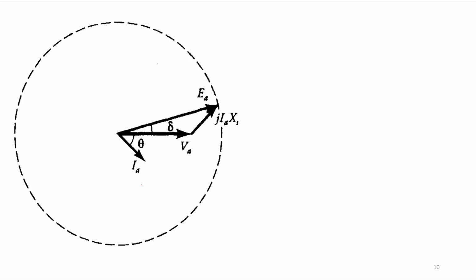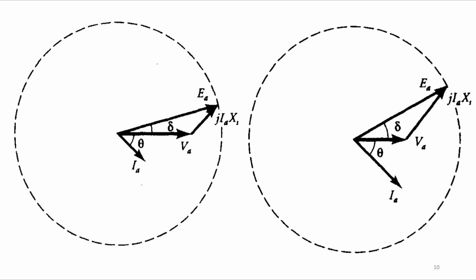Will your delta increase or decrease? Can you do some analysis? First we are talking about magnitude. Let us first consider the magnitude increase. Keeping the load factor angle constant, let us say the current is increased. Here the current is increased, and the delta is increasing, right?